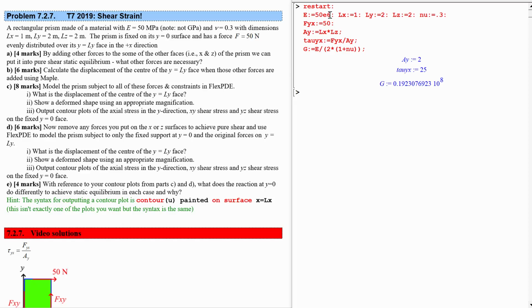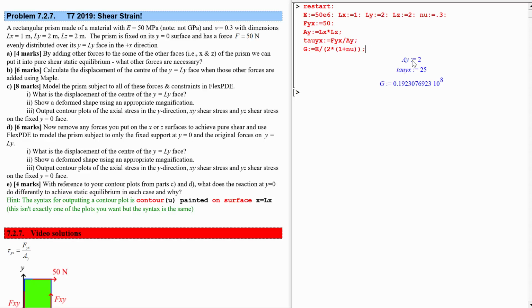We've got 50 megapascals, which is 5E7, and we've got about 2E7 for G. So this means, yes, we have a shear modulus that's on the same order of magnitude as the Young's modulus, but a little bit smaller because of this thing being greater than 1 here.